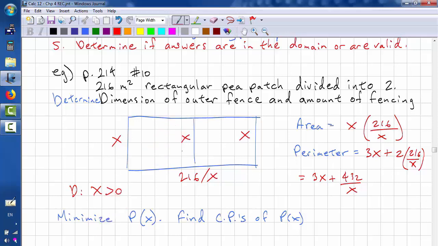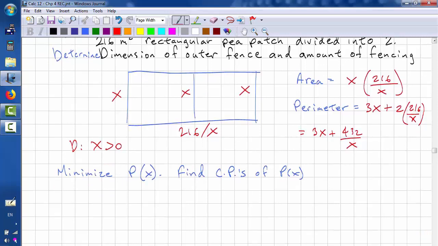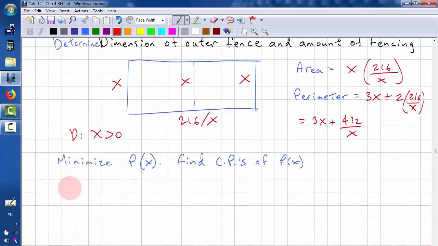Okay, we want to minimize the amount of fencing, the perimeter. So we need to find critical points of P of x. So the derivative, P prime of x, equals, that's just 3. And this is 432 x to the negative 1.